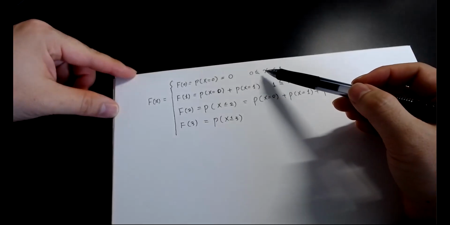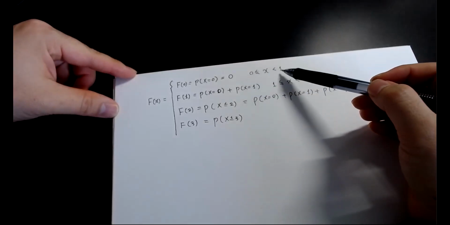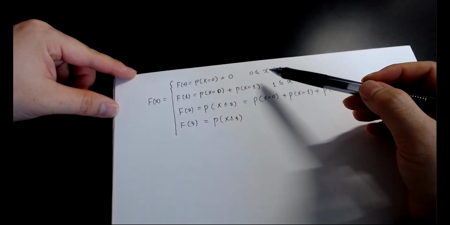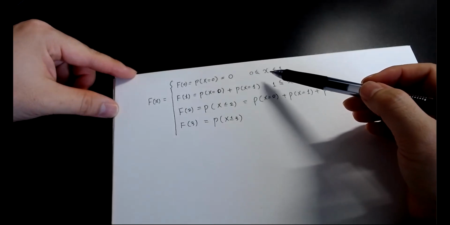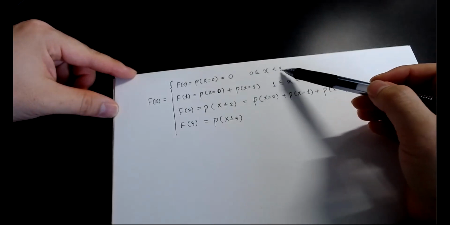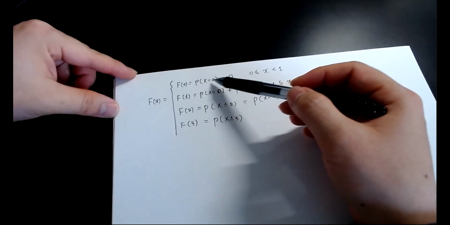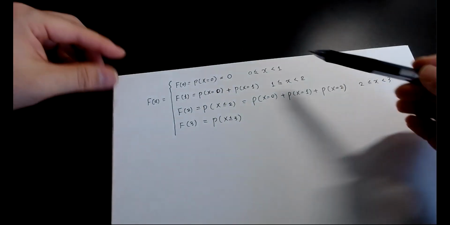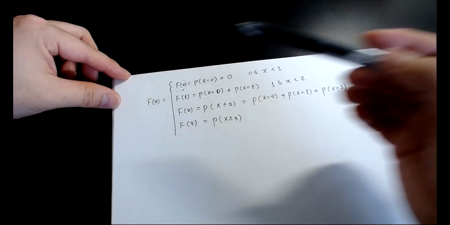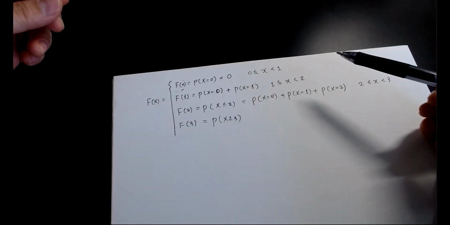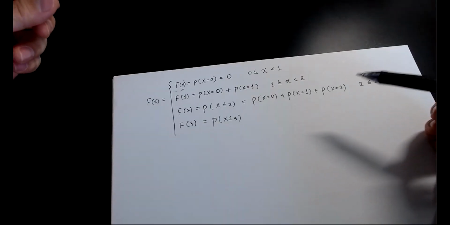If x is greater than or equal to 0 and less than 1, then x must be 0, right? Because x cannot be 1. So F of 0 is P of x equals 0. That's simple, right? In this case, the CDF is nothing but just the PMF, probability mass function.